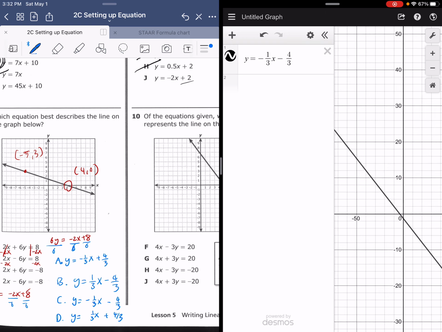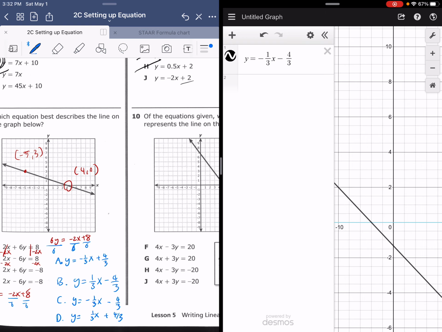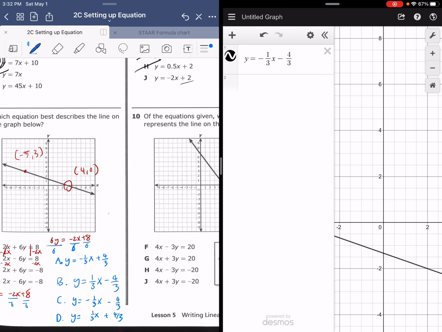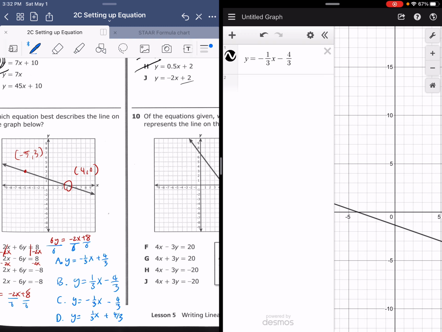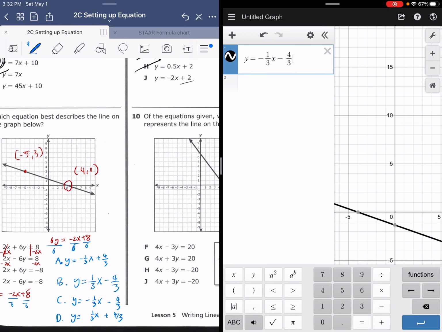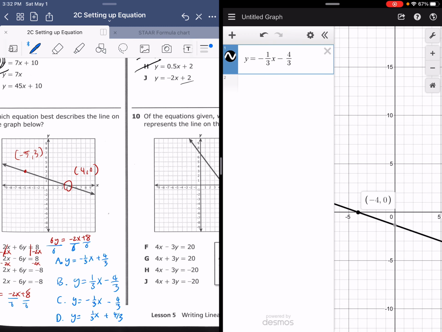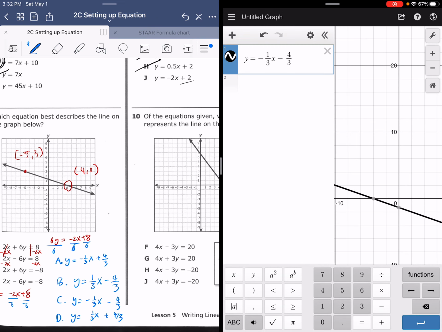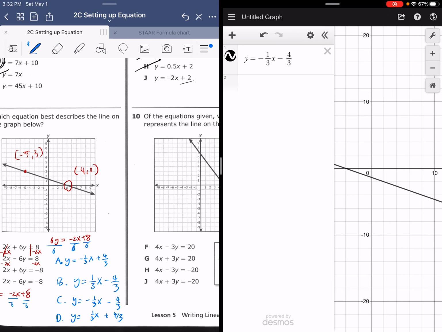Ooh, I zoomed in a lot, so that's why I have this one. Now, the first one is a negative slope, right? So that one is a negative slope as well. That's good. And we should have an x-intercept of (4, 0), which this one doesn't have.